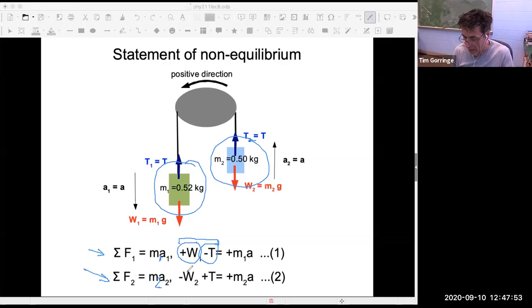And then here's exactly the same thing downstairs for the second, the right-hand block. There's weight, a force acting on the right-hand block. It's opposite the direction of motion of the blocks, so it's the negative sign here. Then tension is acting in the direction of motion, and so that's the positive sign here.